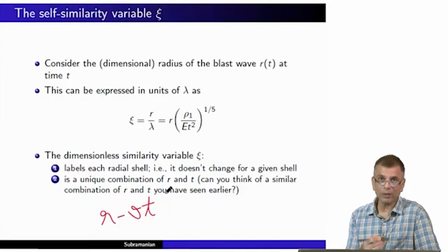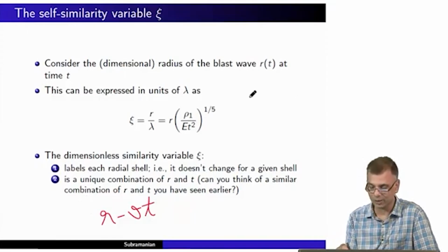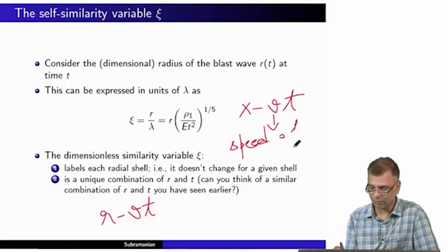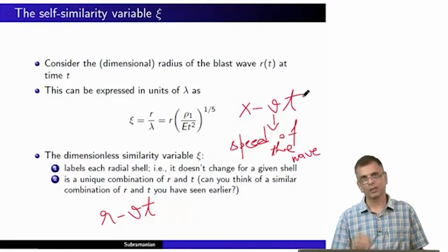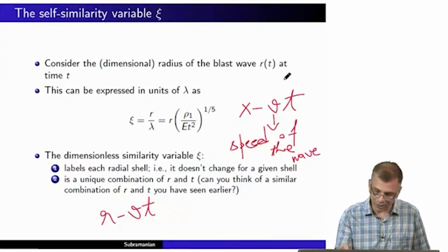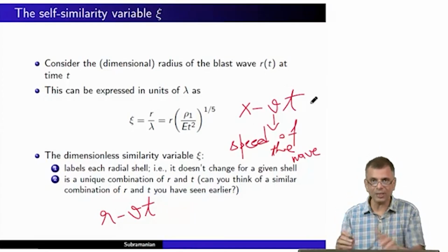When you write the wave equation, this is also another self-similar variable. You remember, in one dimension, the solution of the wave equation is expressed as a function of x minus vt, where v is the speed of the wave. The entire wave solution is a function of this variable x minus vt. So this is essentially a similarity variable. I just wanted to bring this up because you have actually seen such a thing before.